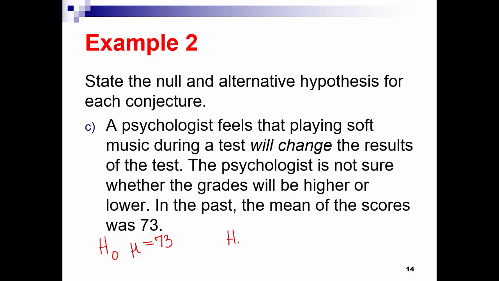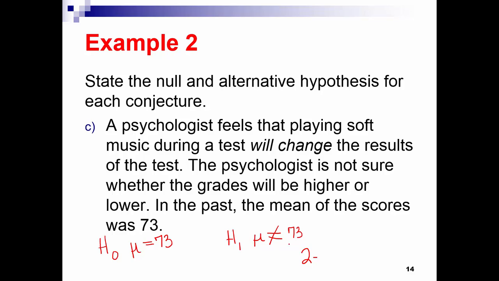The alternative is always what the investigator is researching. This psychologist thinks that playing the music will change the grades. She's not sure whether they will be higher or lower, but she thinks they'll be different. So our alternative is that mu is not equal to 73. We just think it's going to be different.